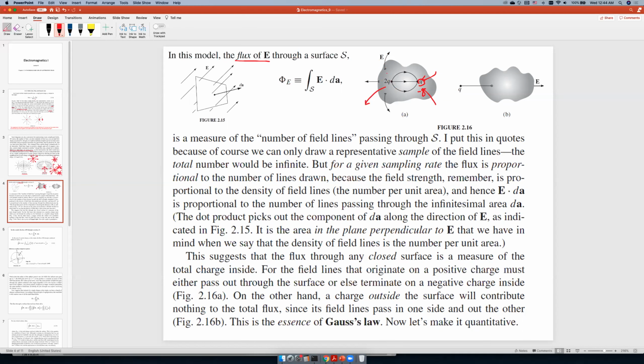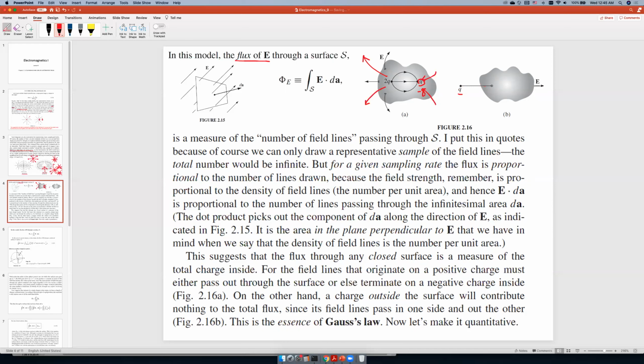However, there should be more field lines going out than going in, because the positive charge is 2Q, but the negative charge is only Q. So for charges inside the enclosed surface, there will be some field lines either going out or going in. But if the charge is outside the enclosed surface, then the electric field lines should go through the surface.